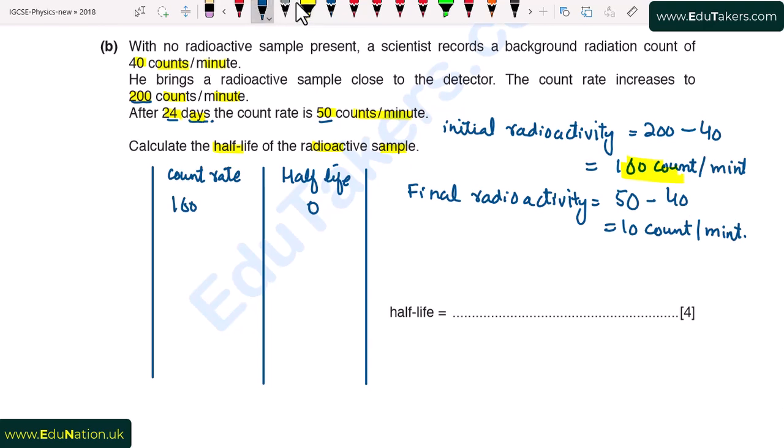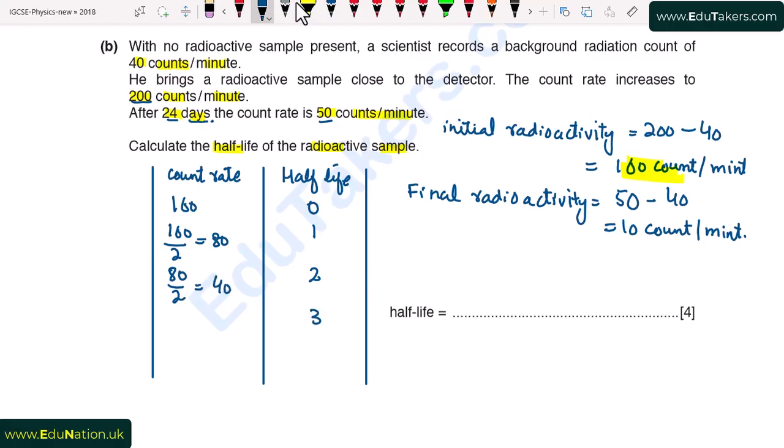When one half-life passes, half of this sample decays and it becomes 160 divided by 2, which is 80. So after 2 half-lives, it will be 80 divided by 2. Half of the 80 counts per minute is left, so it will be 40.